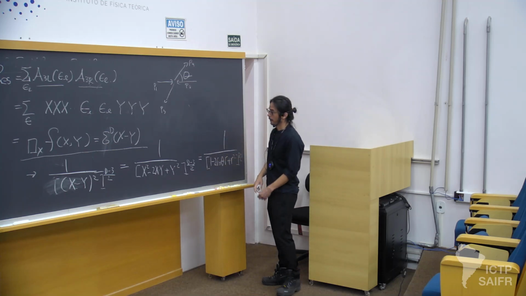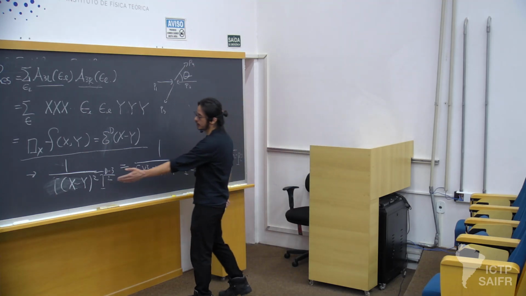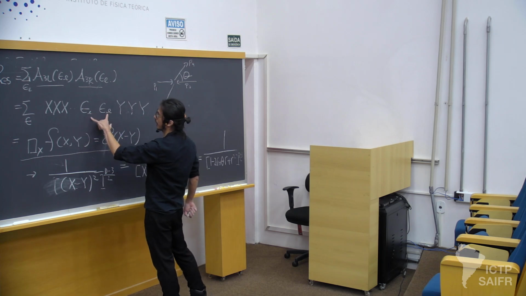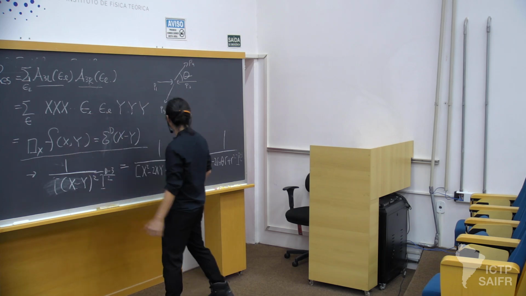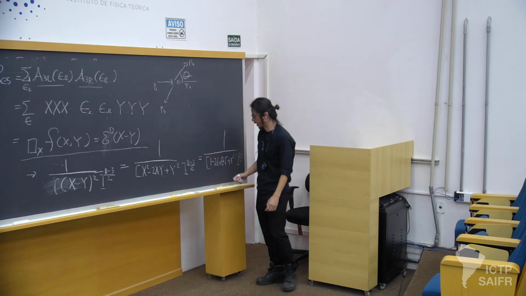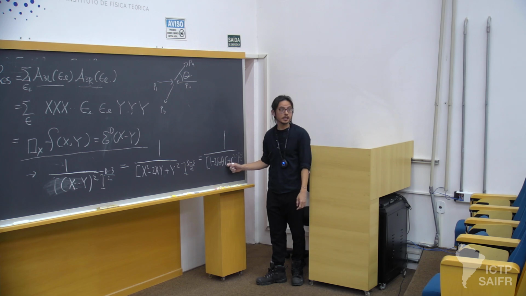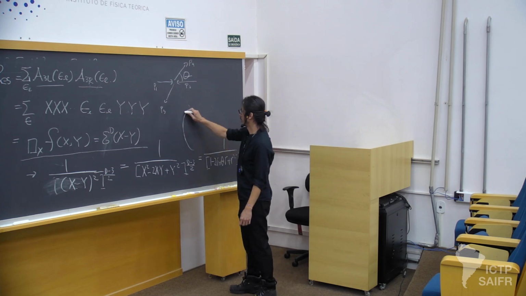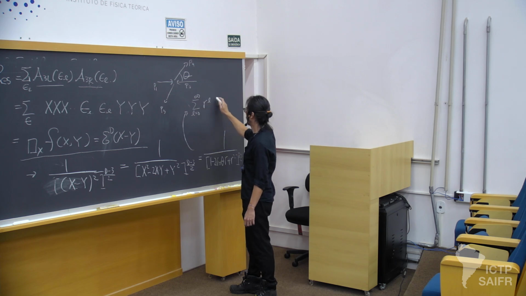Okay? And of course, this is for any spin L that will satisfy this equation. So in order to pick out the particular spin L, I just need to expand this and pick out the r equals L part, the degree L part in r. So if I expand this out, I can write this as the sum from L equals 0 to infinity of r to the Lth power, times some function of cosine theta.